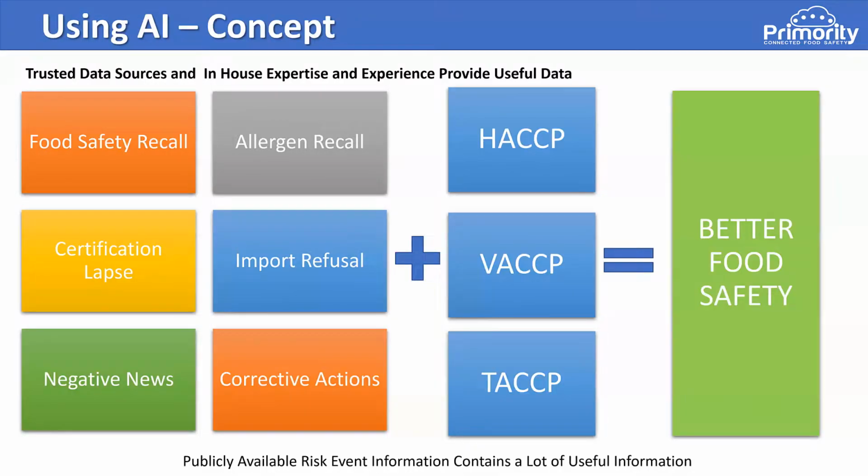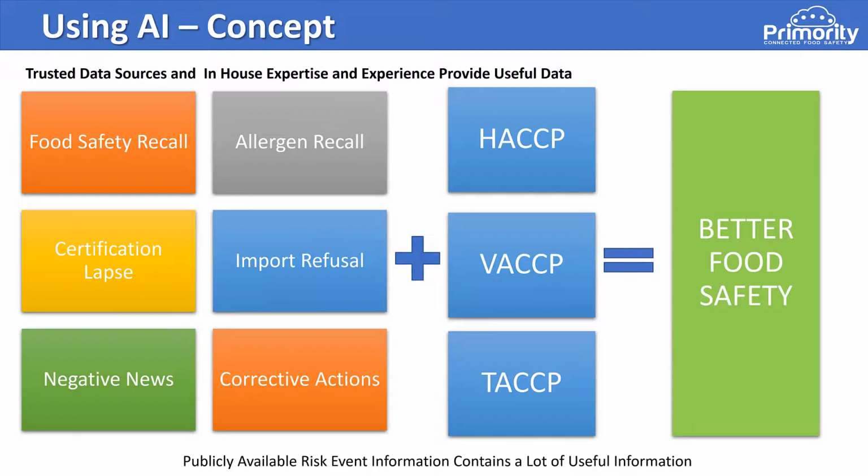So the concept that we came up with in our solution is to use these trusted data sources and to use a combination of in-house expertise and artificial intelligence through the HACCP, VACCP and TACCP solution that our customers are creating. So adding that into the trusted data sources should give us a better food safety system because we're getting a more rounded view.